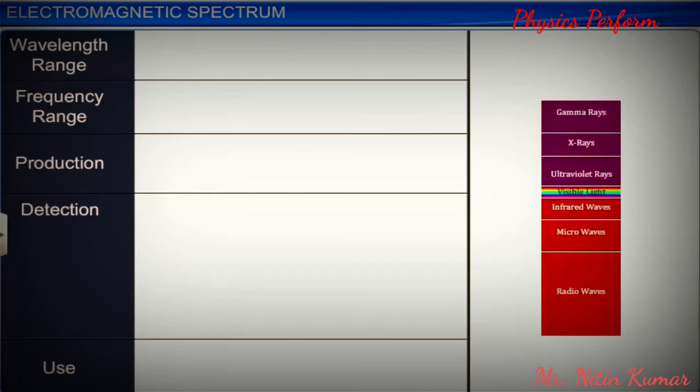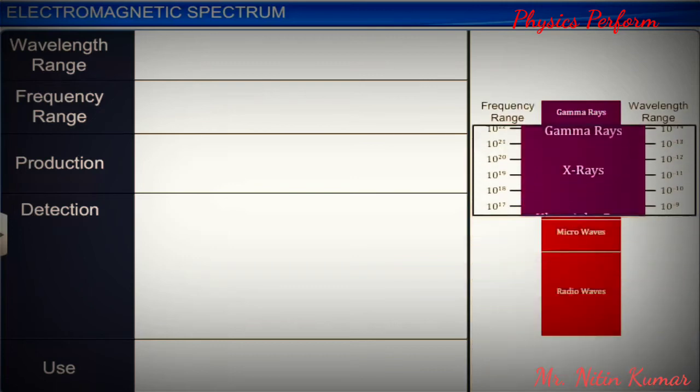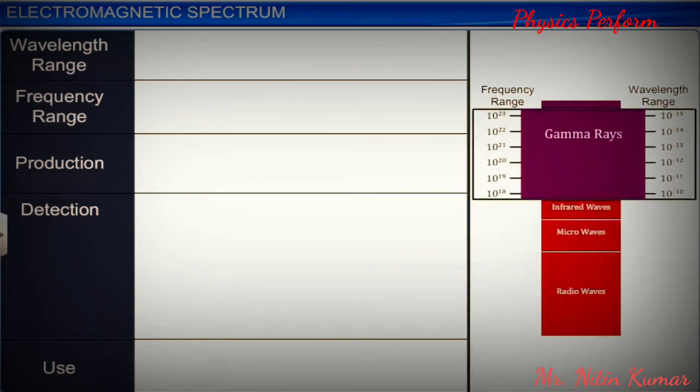First, we shall start with gamma rays, which have the minimum wavelength. In the electromagnetic spectrum, gamma rays have wavelength in the range of 10 power minus 14 meter to 10 power minus 10 meter.